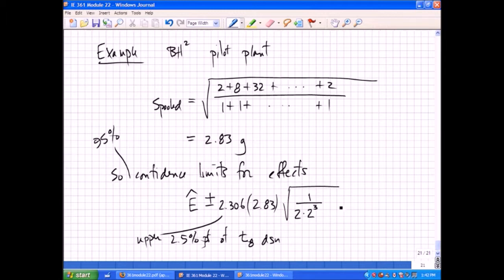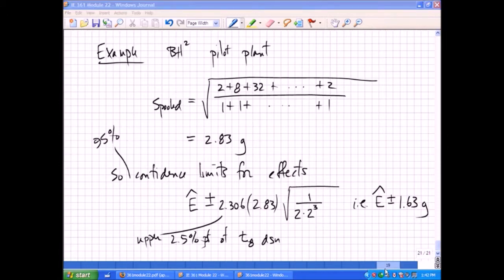Okay, so this turns out to be estimated effect plus or minus 1.63 grams. That is what comes out of the Yates algorithm. I can judge those values to be good to within about 1.63 grams.